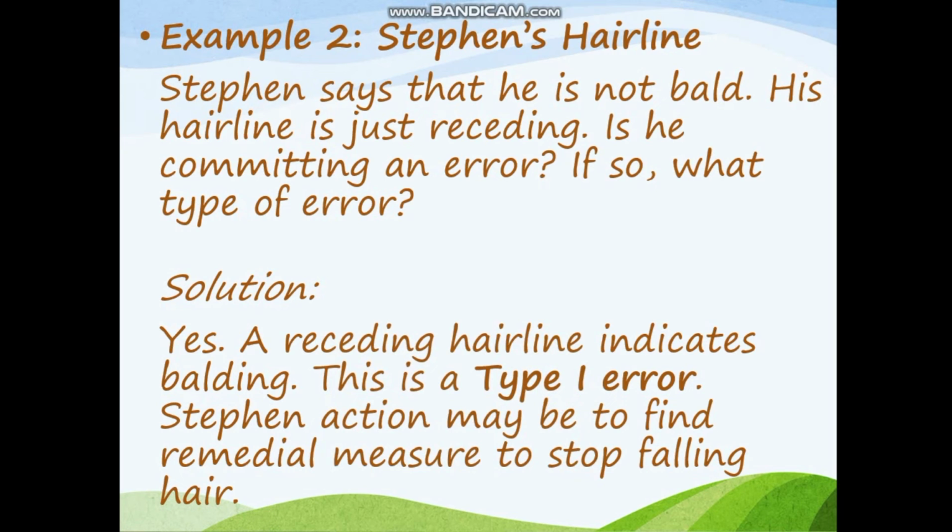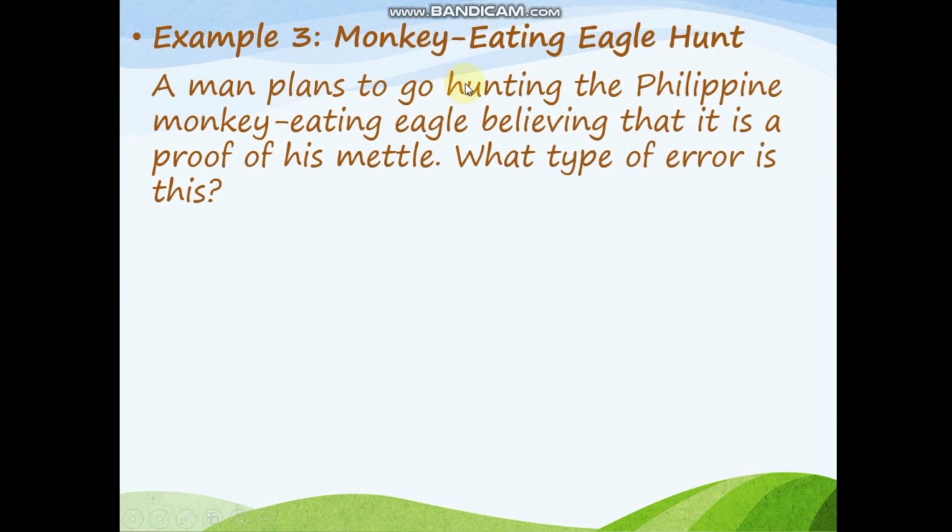What about this example number 3? Entitled Monkey Eating Eagle Hunt. A man plans to go hunting the Philippine monkey eating eagle, believing that it is a proof of his mettle. Okay? Mettle is parang anting-anting or parang superpower, ganon. What type of error is this? Parang katulad siya ng first example natin na buwan. Bakit? Kasi naniniwala siya na kapag nakahuli siya ng monkey eating eagle, ay lalakas siya or magkakaroon siya ng superpower.